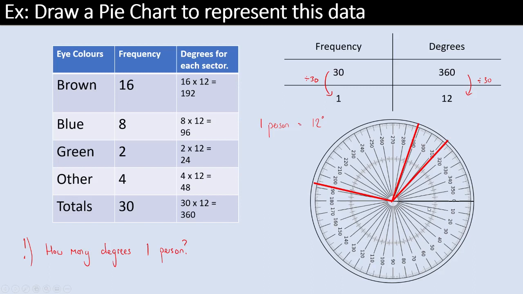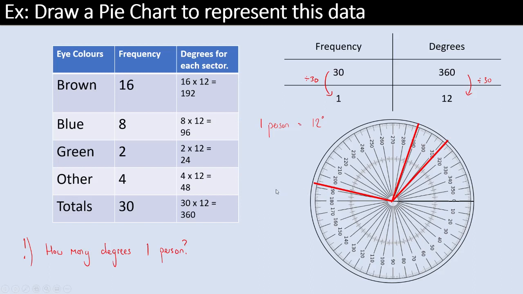And I would rotate my protractor around so that my 0 starts on the line that I most recently drew. Okay? It's a bit hard for me to show you this on the intervention videos, but if you are struggling with that bit, do let me know, and I can perhaps do something else to help you out with that, or provide you a different video.